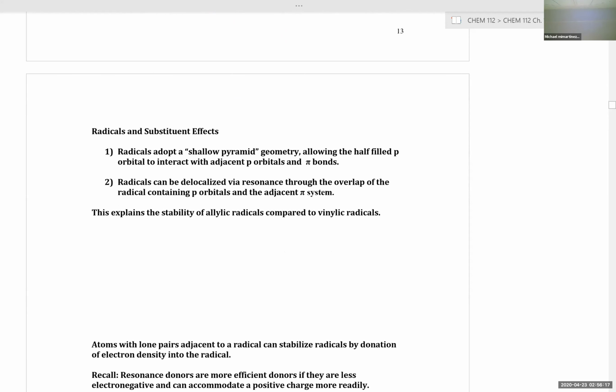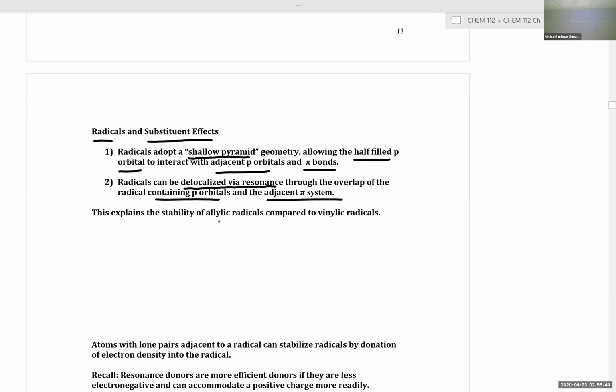Let's talk a little bit about radicals and substituent effects. So radicals can adopt what's known as a shallow pyramid geometry, allowing the half-filled p orbital to interact with adjacent p orbitals and pi bonds. So radicals can be delocalized via resonance through the overlap of the radical containing p orbital and the adjacent pi system.